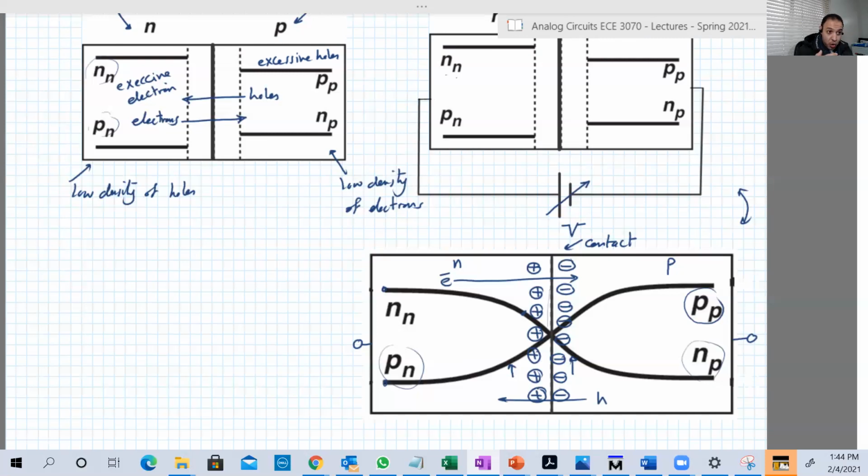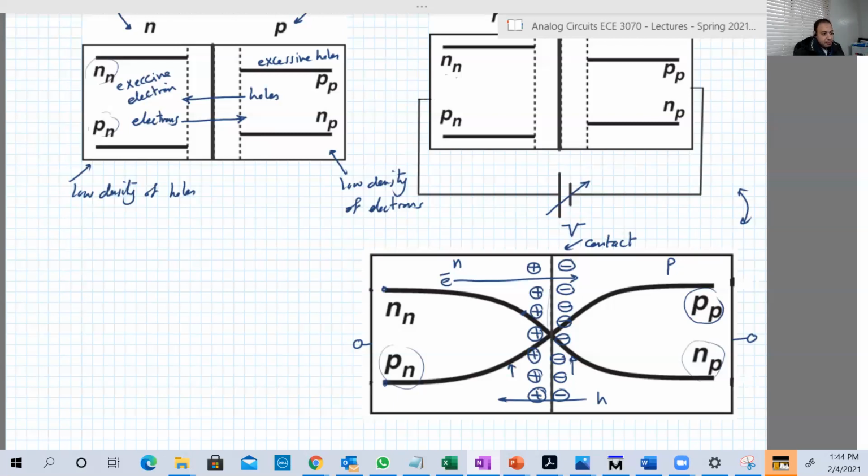We now have negative ions near the junction, and positive ions near the junction from the N side. Why am I saying these ions are near the junction or the contact? Because the holes and electrons near the junction will be the first to move towards the other side. That's intuitive also. So most of the ions, actually all of them, are created near the junction.